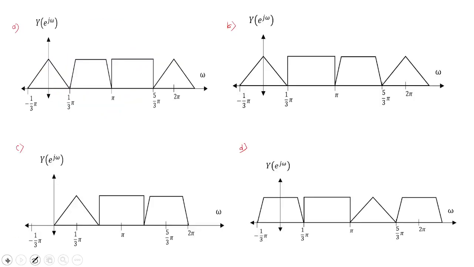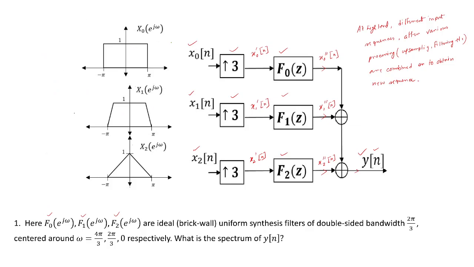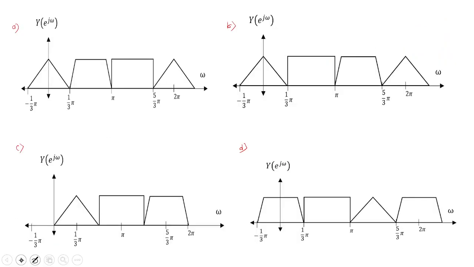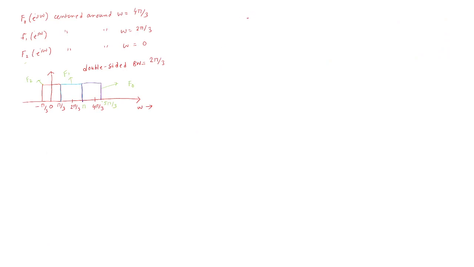So let us see the response of x0(n), X0 of e to the power j omega. You can see that x0, x1 and x2 are all frequency responses that span from minus pi to pi. So let us denote them.